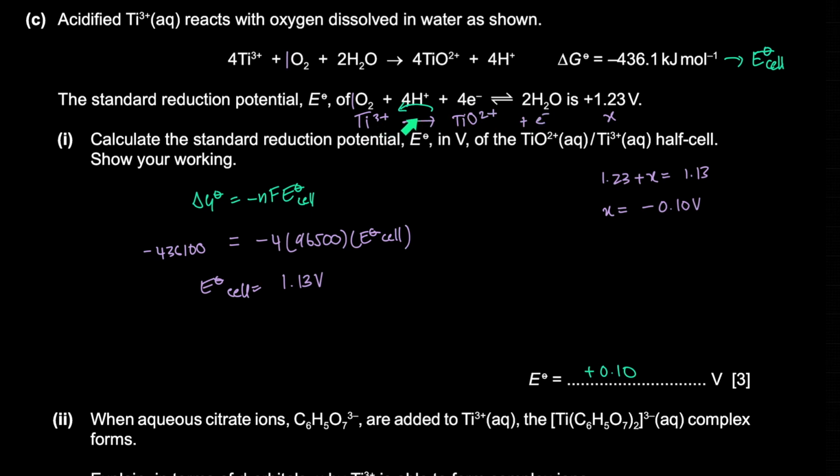Obviously this half equation isn't balanced, I haven't written down the oxygens and everything here, but this shows that Ti3+ was losing electrons. If I add up the two reactions, 1.23 plus X, I get the overall potential. So negative 0.10 volts is the potential for this half equation as shown for the loss of electrons. The standard reduction potential for this half cell is for the gain of electrons, so it will be the reverse of this, which is plus 0.10 volts.